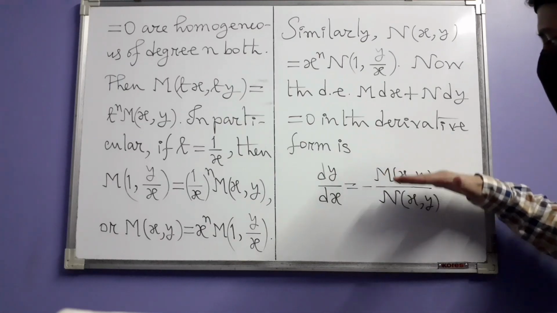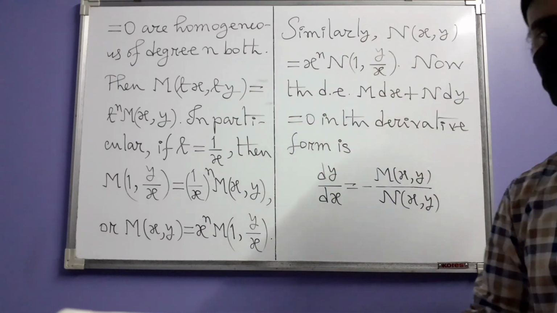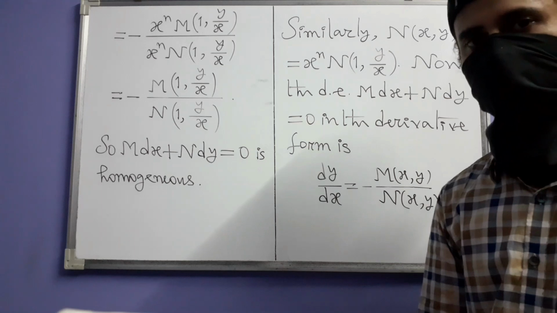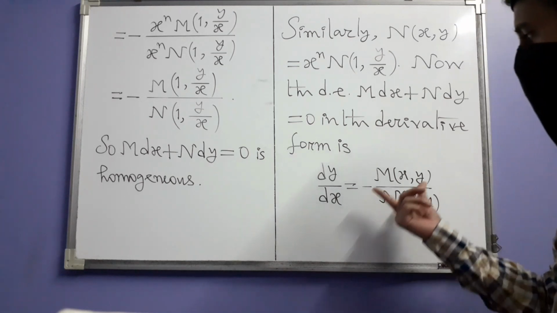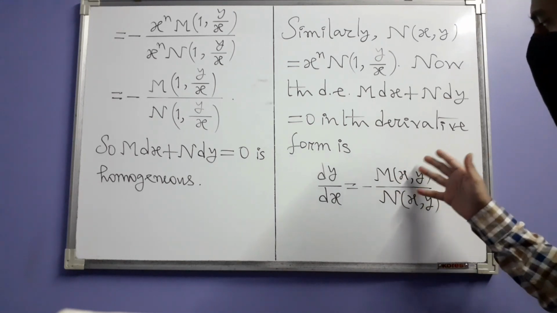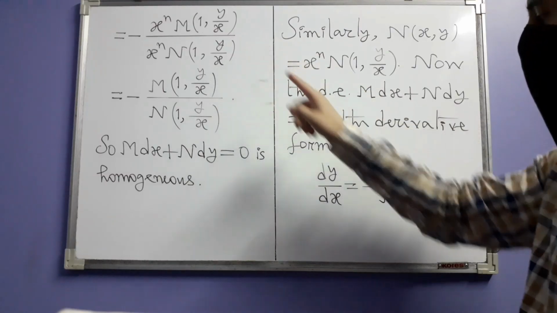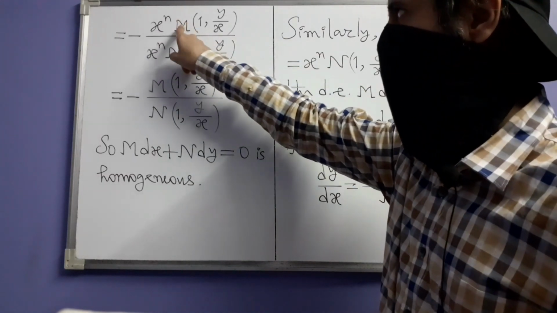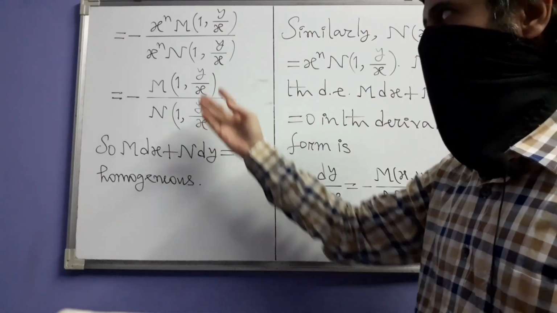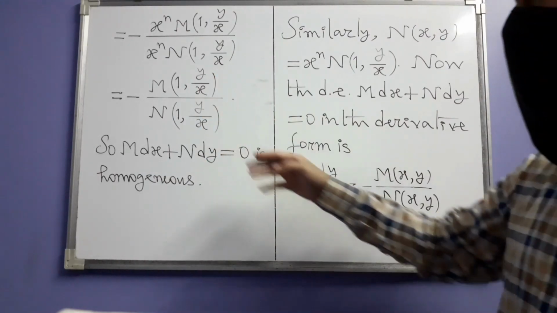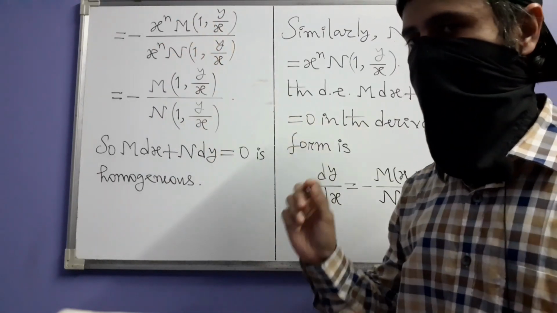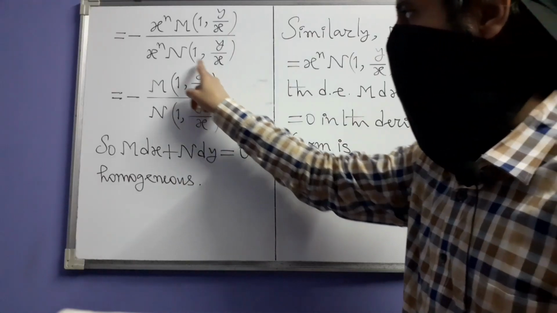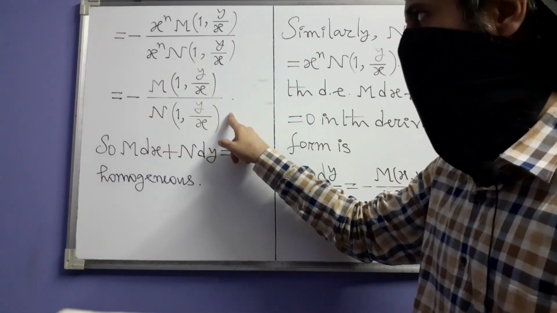Now in place of m and n we are going to use these expressions. Once you use those expressions, the right hand side becomes this. In place of m of x comma y, you put x to the power n times m of 1 comma y over x, and similarly for n. Then after cancelling these nth powers of x, this is what you are left with.